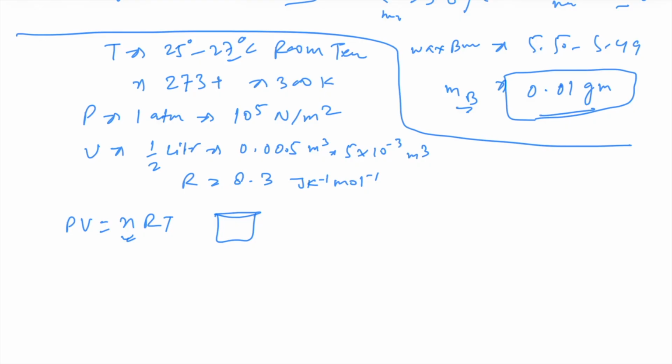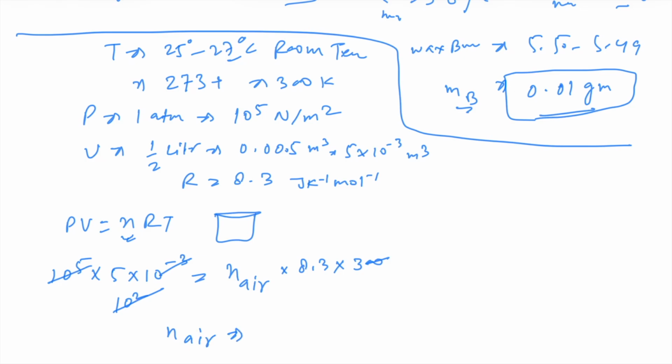So by putting it here, we'll try to find out the mole of air present in the tumbler. So R we put as 8.3, temperature will be 300. So what will happen? It will come as 10 to the power 2, and this will cancel out, and the mole of air present in the tumbler would be 5 upon 8.3 into 3, right?